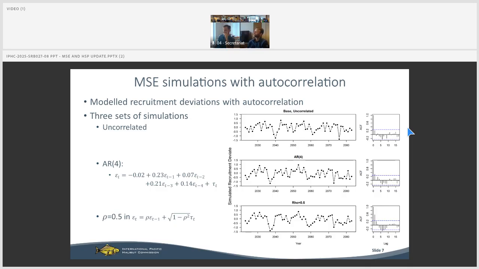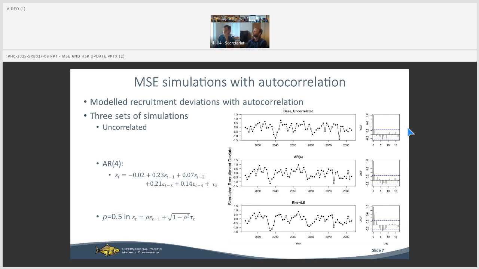We took the best AR model, the AR4 model from the AAF long that was presented earlier, and we used actually the parameterization of that model, which is shown here. So it's interesting, it's predicting a stronger covariate for the lag 1 and the lag 3 than the lag 2.